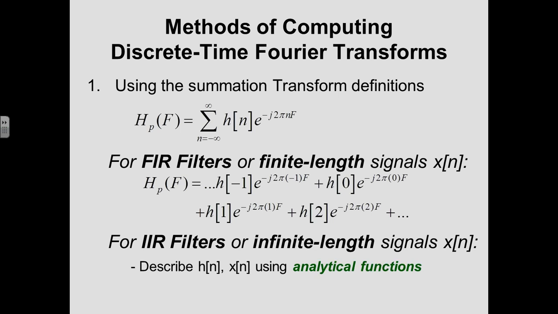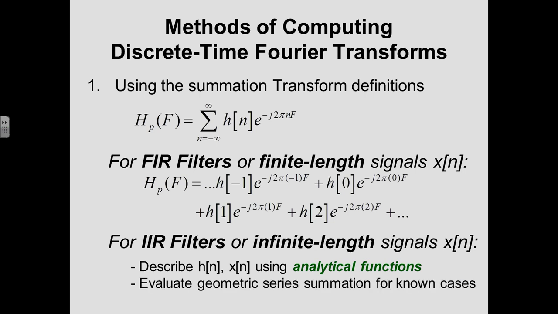What we're going to want to do is describe x or h using analytical functions and then see if there is a closed form solution for the geometric series summation that results with that complex exponential, using some lookup tables, not for the transform, but for the summation itself.